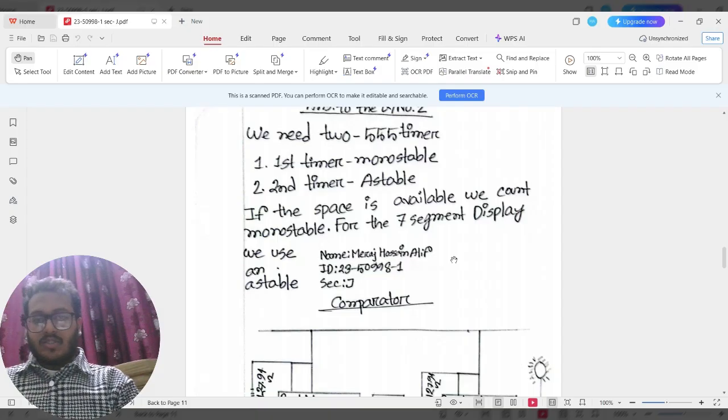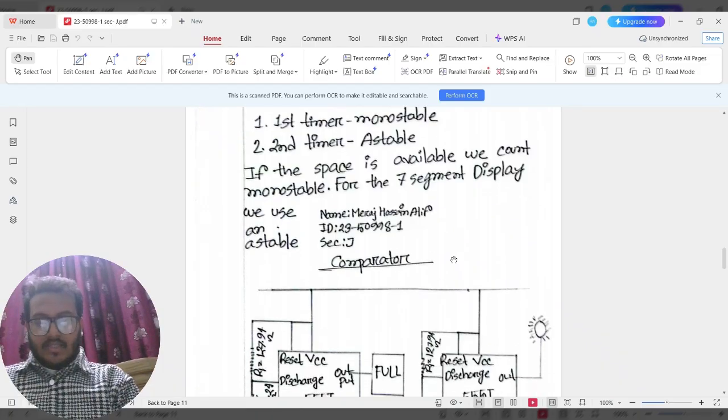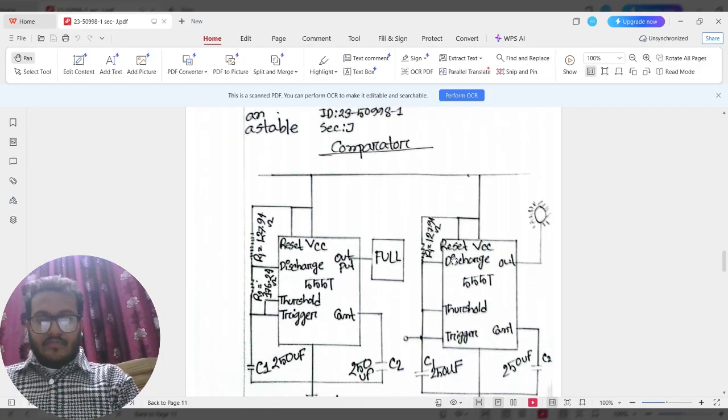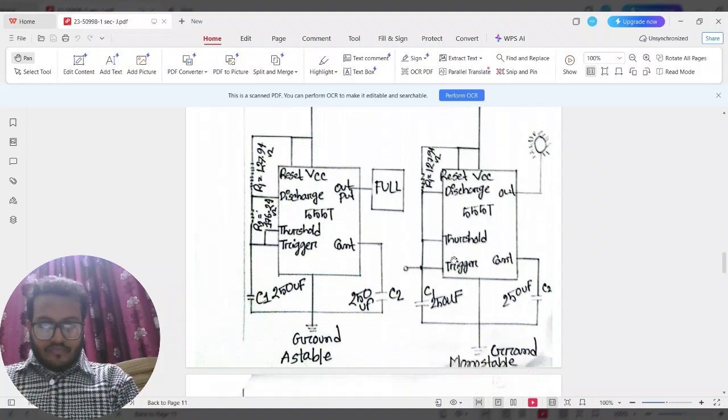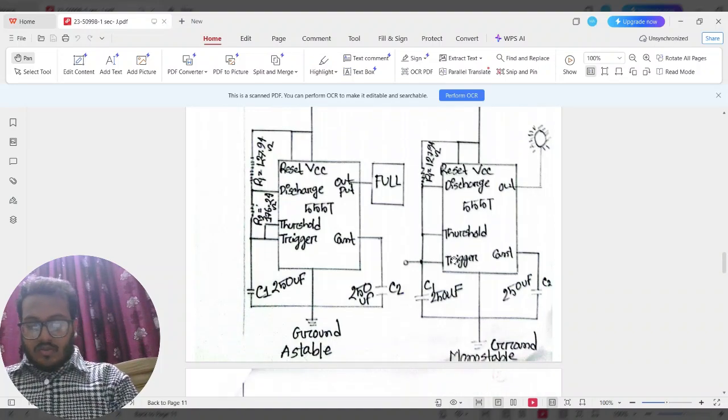For the 7-segment display, we use an astable, and that is our comparator. We use two 555 timers.